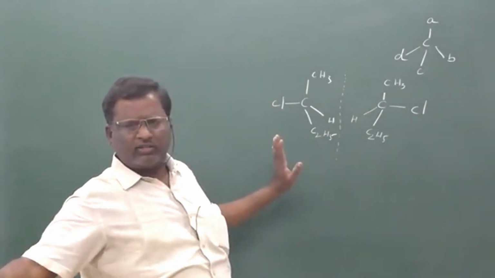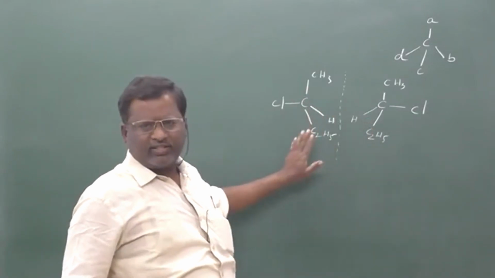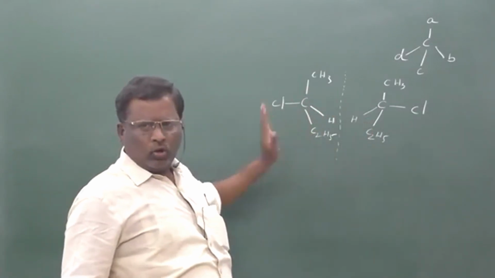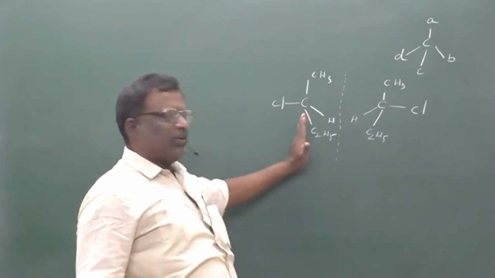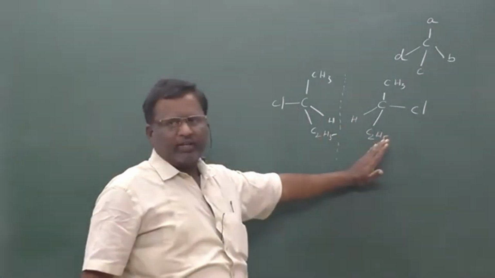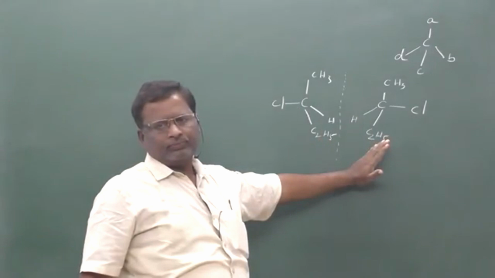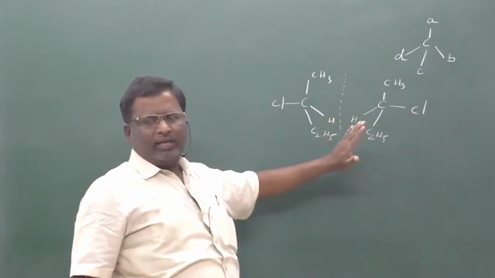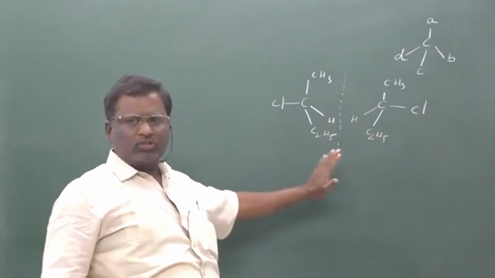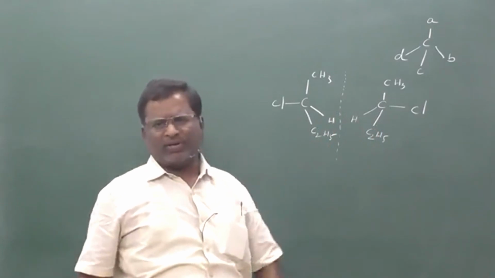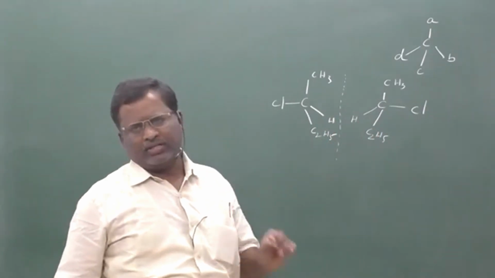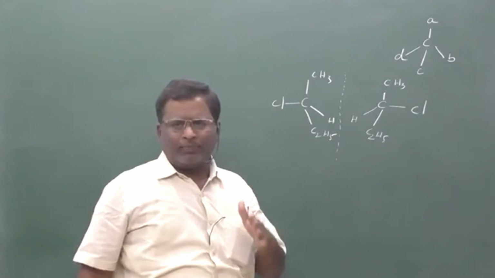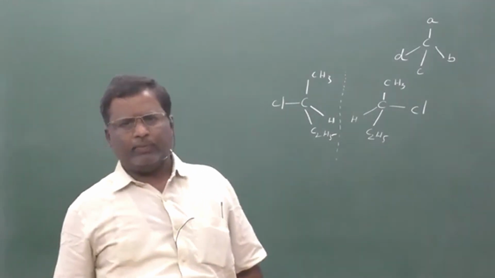There is no difference. Same groups are attached here, but the only difference is this figure is the mirror image of this figure. Chemically, they exhibit almost the same properties, but only in optical property do they differ.